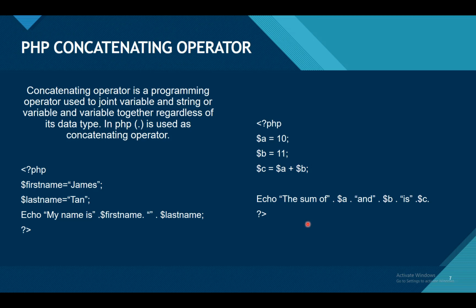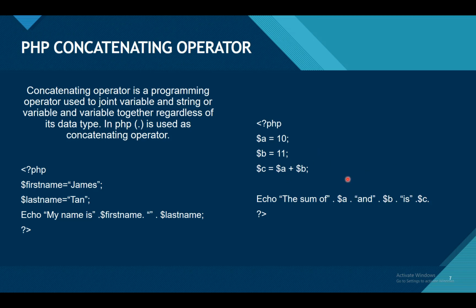And display the sum of: we have the string "the sum of", and then concatenate $A and another string, then $B, which is another variable name, and another string, and then the C. In C, we have the total of A plus B. So 10 plus 11 equals 21. So the sum of 10 and 11 is 21.